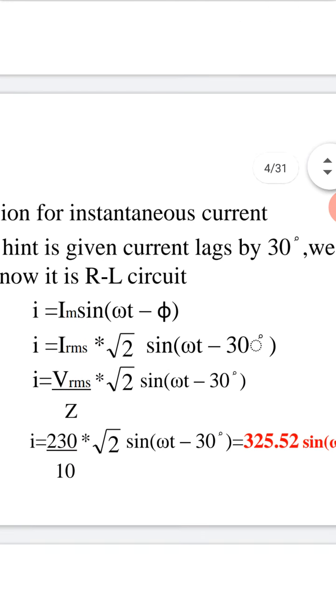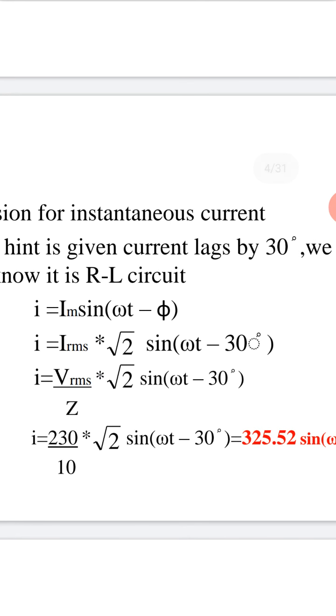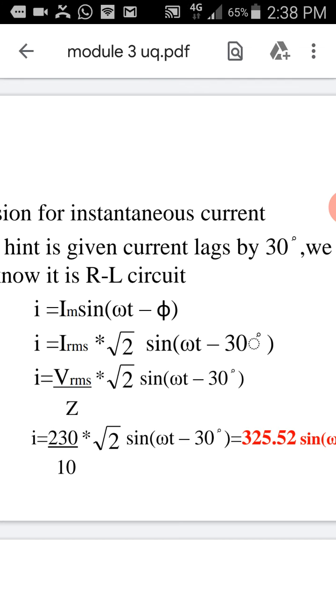So I is equal to Im sin omega t minus phi. I is equal to Im, which can be written as Irms into root 2 sin omega t minus 30. Phi is 30 degree. Irms can be written as Vrms by Z, into root 2 sin omega t minus 30 degree.